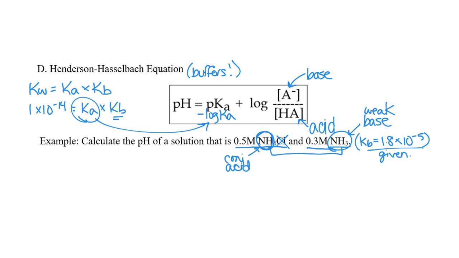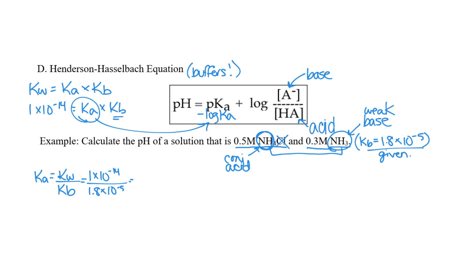So if I want to use this equation to calculate the pH of this buffer solution, I first need to calculate the Ka value. So I'm going to do Kw divided by Kb. So that would be 1 times 10 to the negative 14, divided by 1.8 times 10 to the negative 5th.